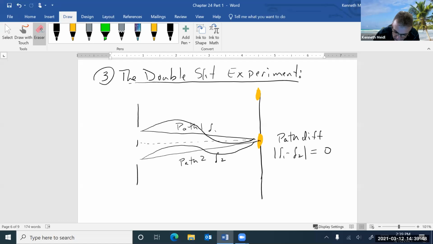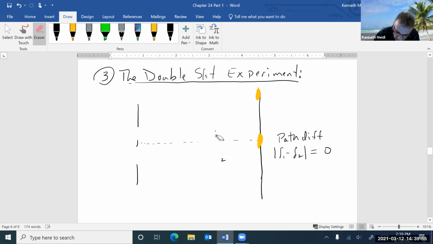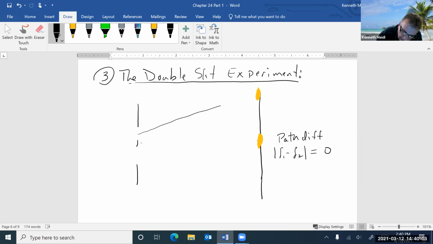You probably can't do this on your paper, but I think we can do this here. So I can get rid of all this. And I've got the wave coming from this opening, hitting here. And I've got the wave here, hitting there.